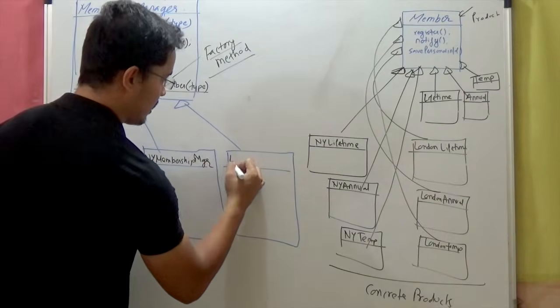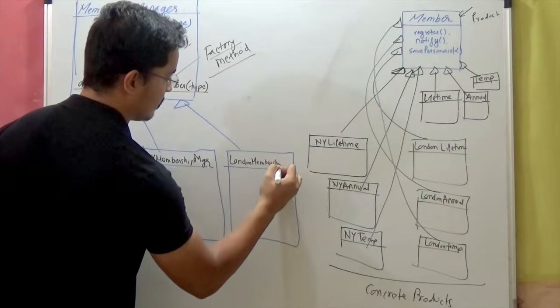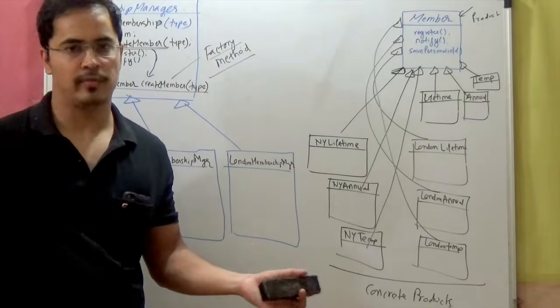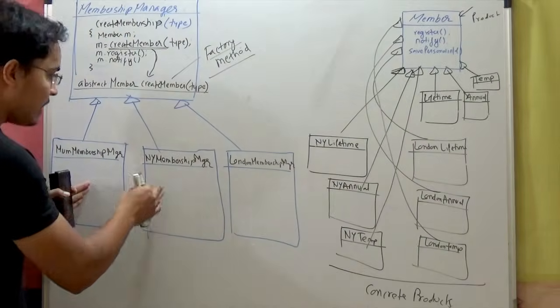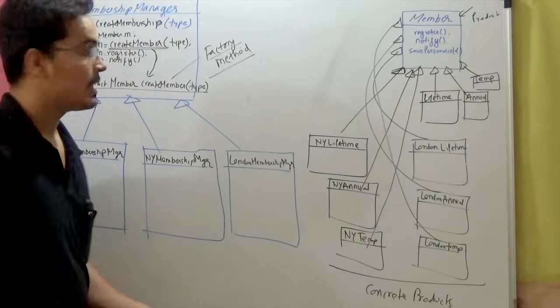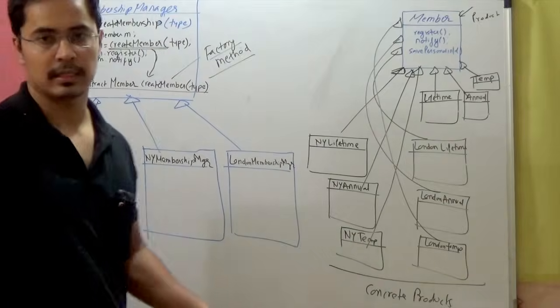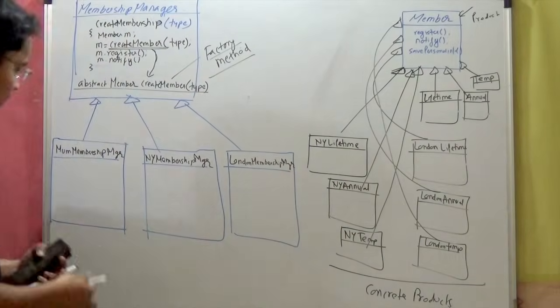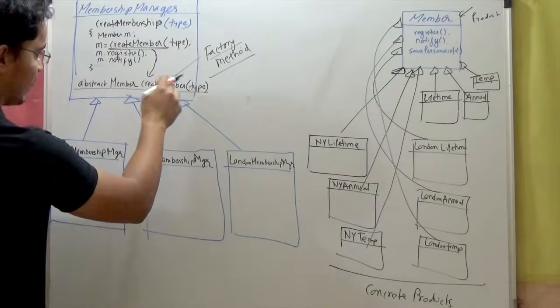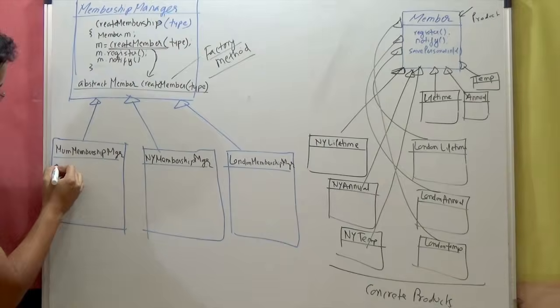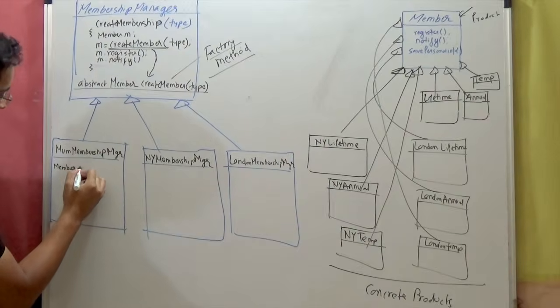And then we have London membership manager. So earlier we had only one membership manager because we had only one center. Now we have 3 concrete membership managers. They are all inheriting from one abstract membership manager, right? And because there's one abstract method create member, these will have to provide the implementation. So we'll say member create member, right?